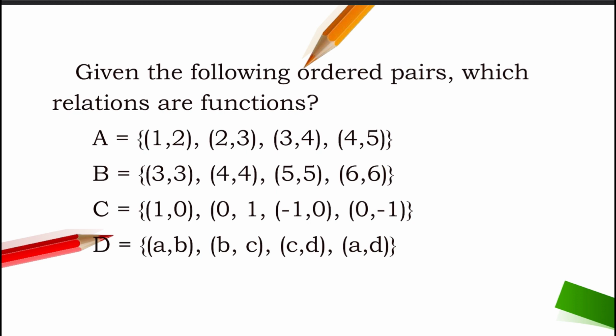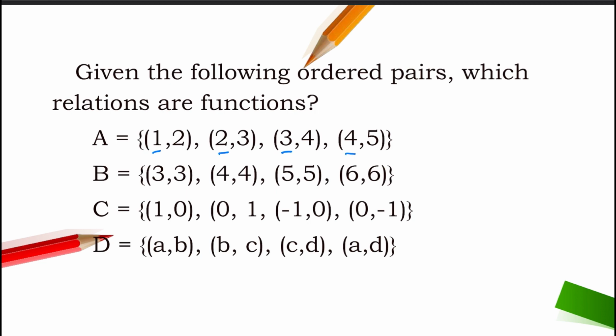For the ordered pairs A, we have (1, 2), (2, 3), (3, 4), and (4, 5). Now, try to examine the first elements of the given ordered pairs. These are 1, 2, 3, and 4. Now, question: is any of the first elements repeated?